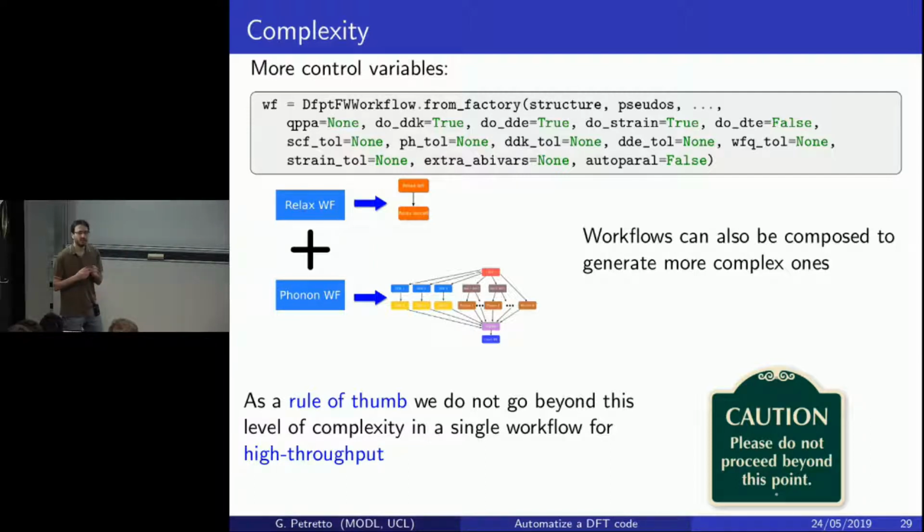So as a rule of thumb, we have decided that now we develop workflows that are, let's say, self-consistent in a sense. So for the DFPT part, we need to start from self-consistent and get through all the perturbations, and this is not something that you can split up in smaller workflows. But the relaxation and the phonon, yes. And so this is what we did.